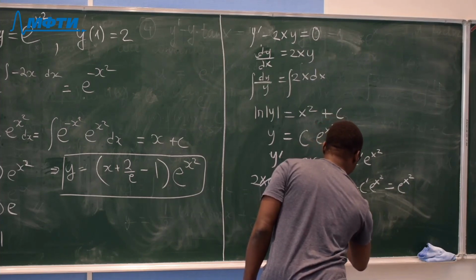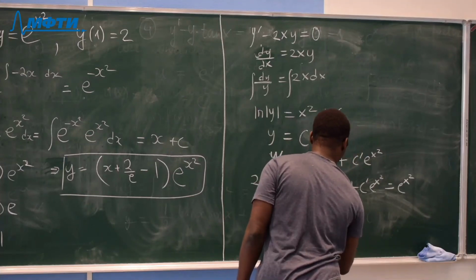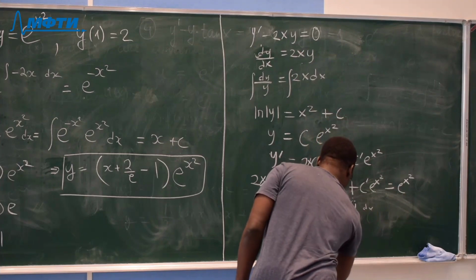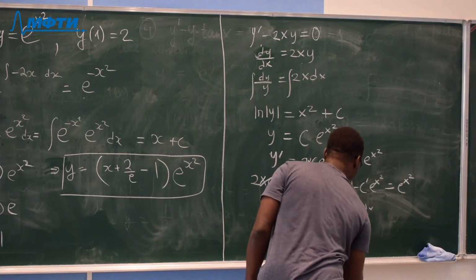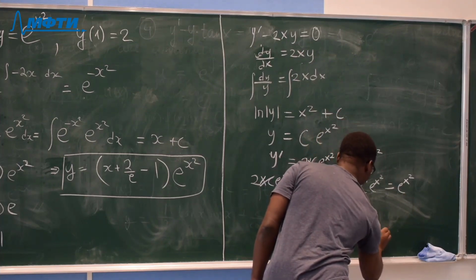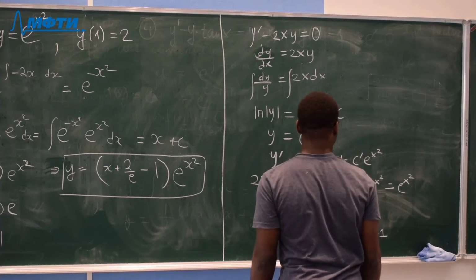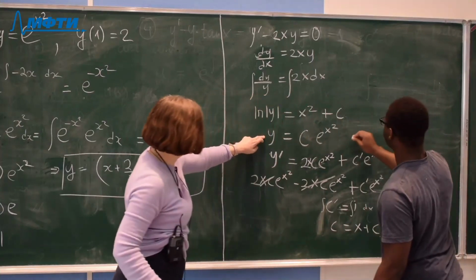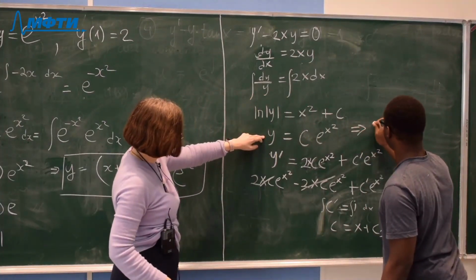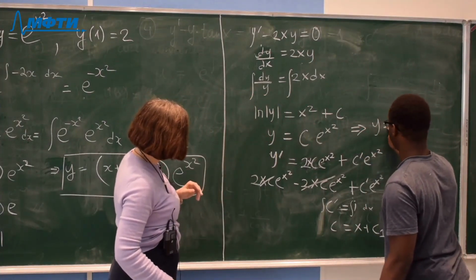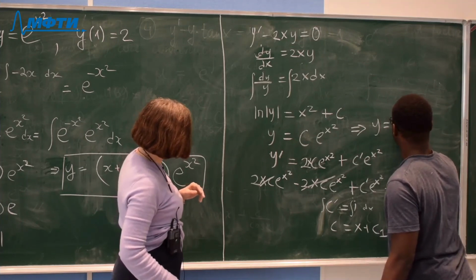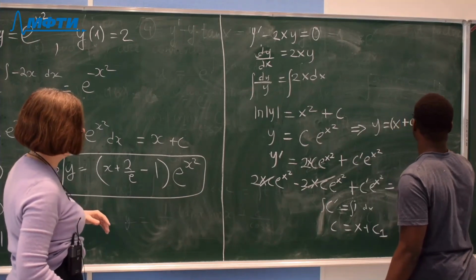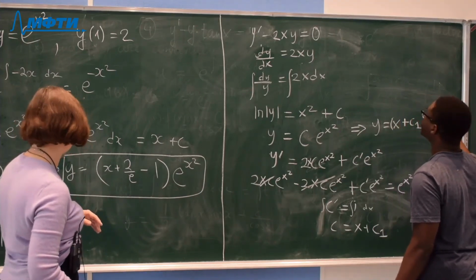C prime equals 1, and so C equals x plus the constant c1. And then this will give us the answer. So y equals, look here, x plus c1 times e to x squared.